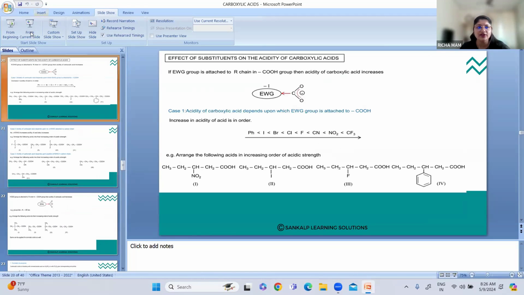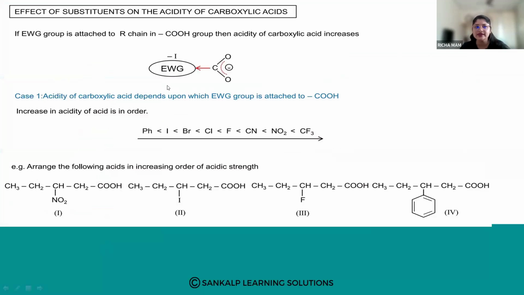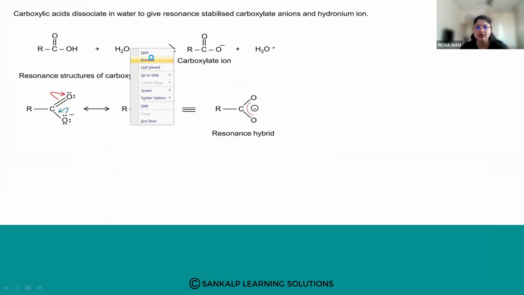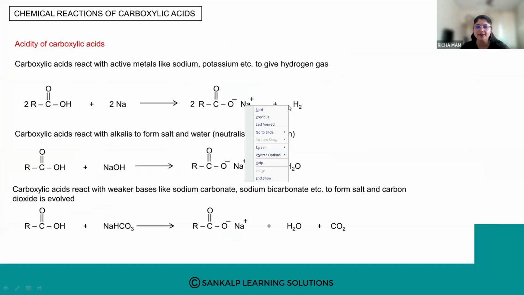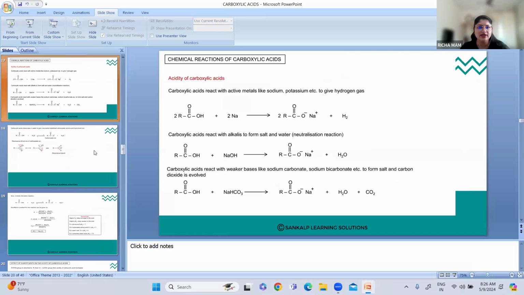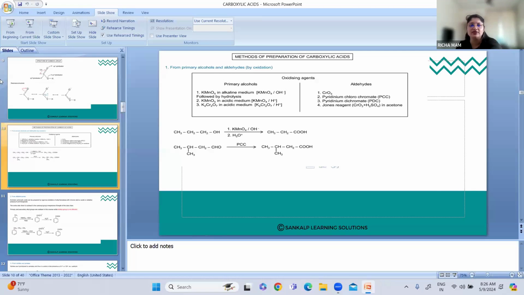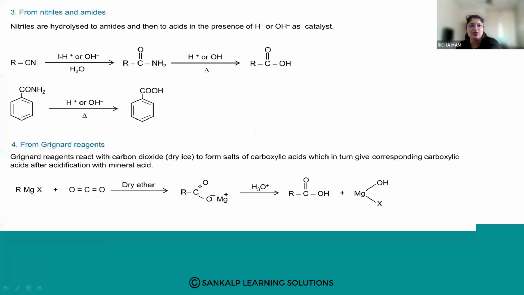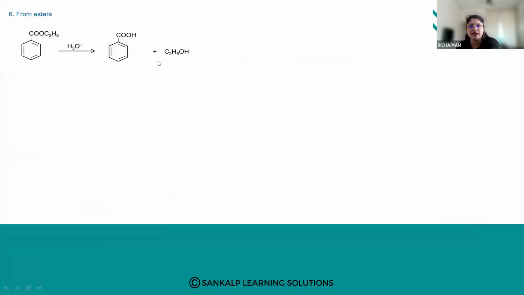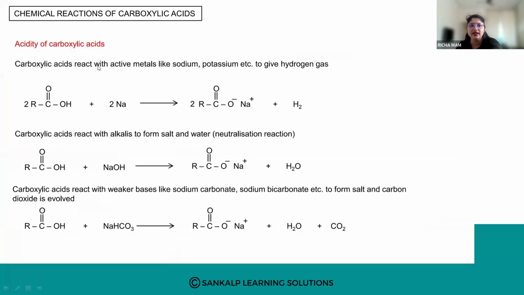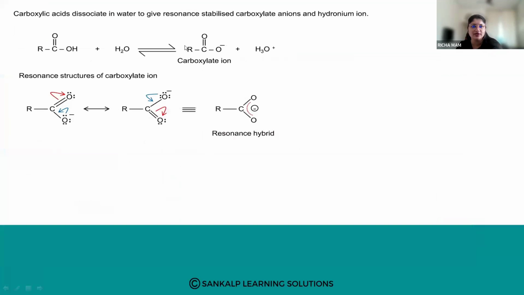Effect of substituents, we will see in the next class, because otherwise everything will be mixed. This much is enough for today. In today's class, we have seen the methods of preparation, then the three physical properties, then the chemical reactions of carboxylic acid, the first one being acidity of carboxylic acid.